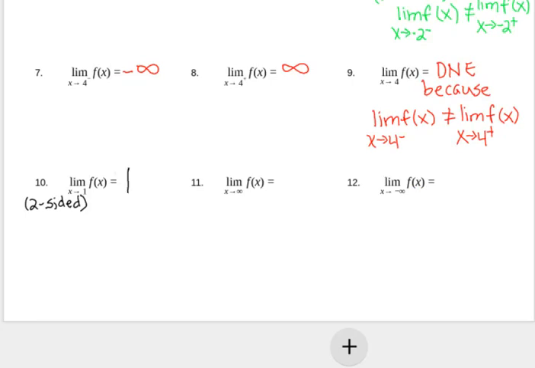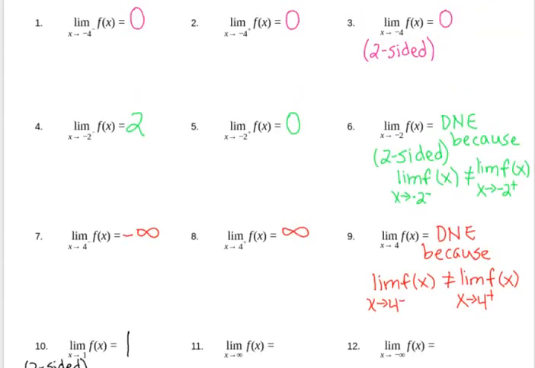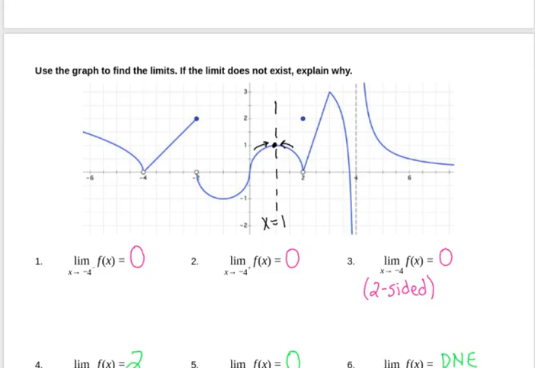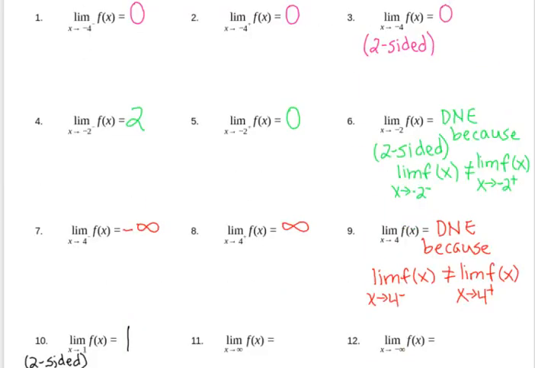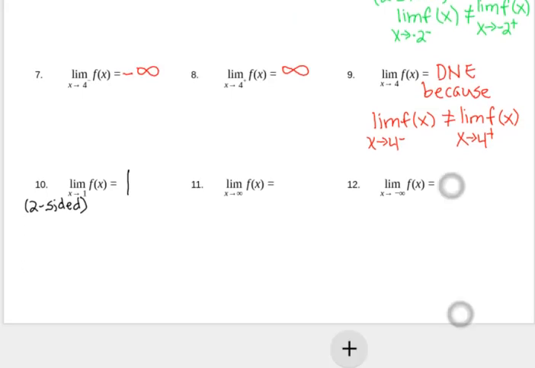Now I'm going to look at the limit of f of x as x approaches infinity. So as x gets bigger and bigger, what's happening to my function values? So let's look over here. We can see x values are getting bigger as we go this direction. So what's happening to the y values? We can see this right here is approaching a horizontal asymptote at 0, which means my limit as x approaches infinity must be 0.